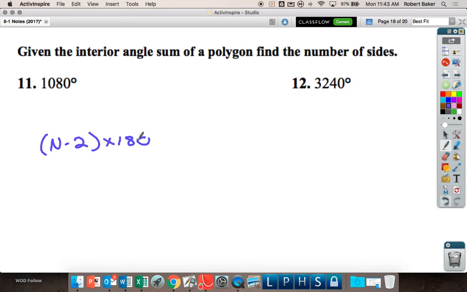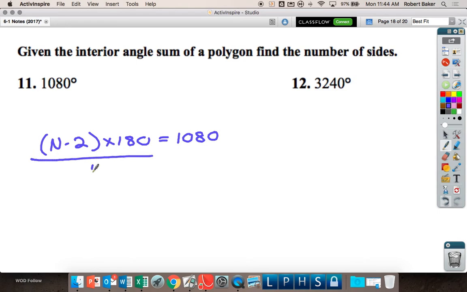Okay, what does that calculate? How many degrees are in a shape? The interior angle sum. Well, what is the interior angle sum? 1080. So if I backwards solve that, I can solve for n. Now be careful when you do this. What do you do first? No. PEMDAS backwards because you're solving.